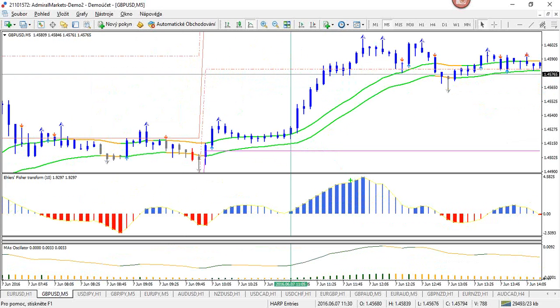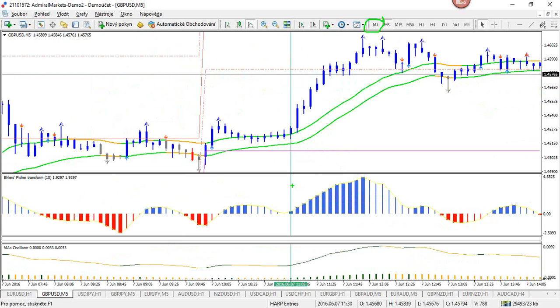Now I want to give a bit of a warning here because I am not a big expert on the 1-minute chart. I've not done trading on a 1-minute chart all too much. I've done trading on the 5-minute chart plenty, but the 1-minute chart I've done a bit, but I need to do more.